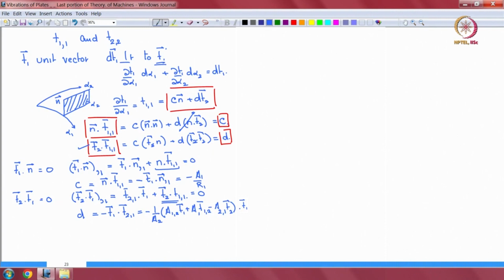T1 is perpendicular to T2, and T1 comma 2 will be in the 2 direction. So the last two terms dotted with T1 go to 0. Only the first one will remain, so that my D is equal to minus A1 comma 2 by A2.